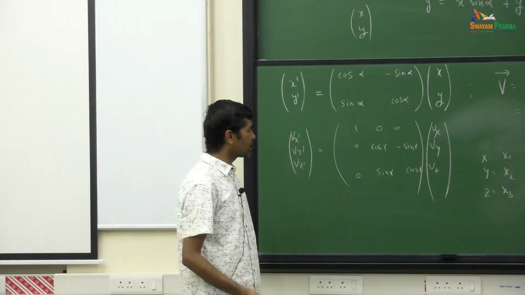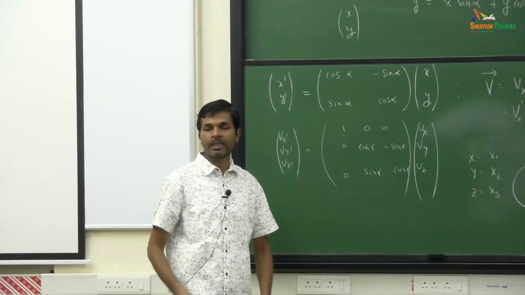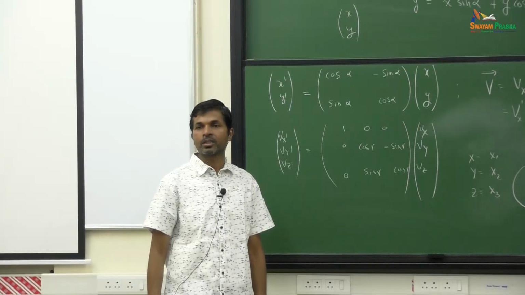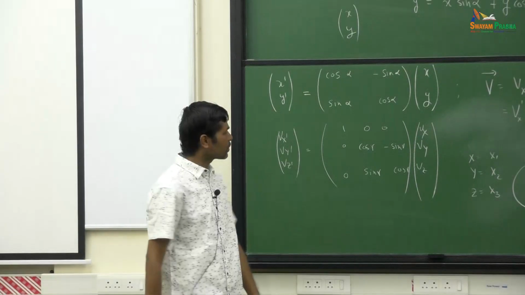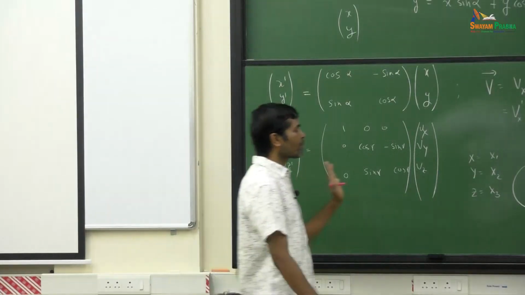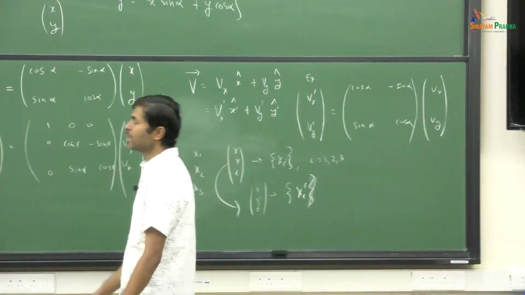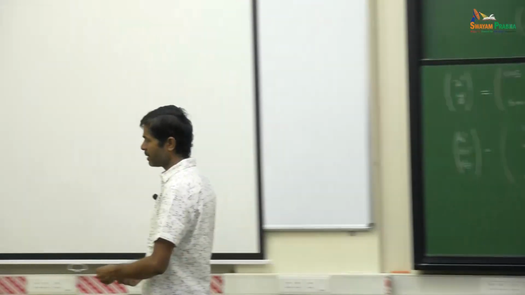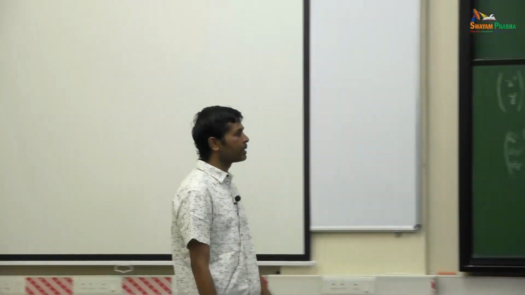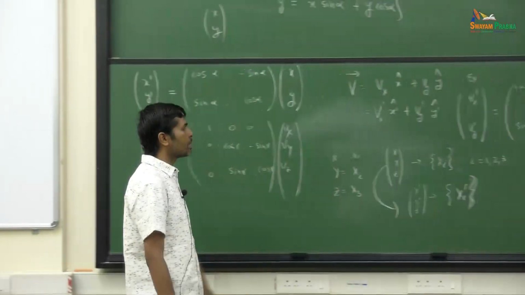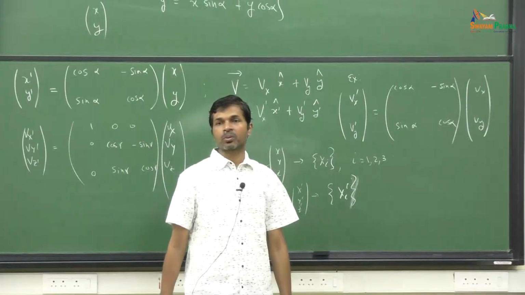But as you are saying, if you just consider an arbitrary direction, it is not that simple. It is more complicated. But what is important is that no matter what it is, this is a linear transformation. In the sense, x prime, y prime, z prime, they all will be linear combinations of x, y, z.